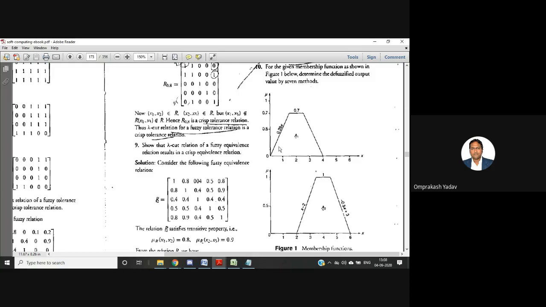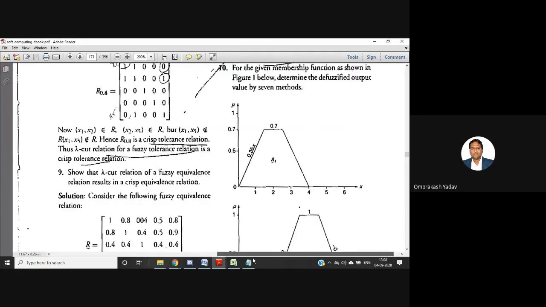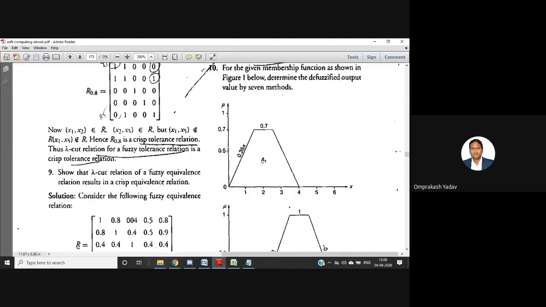Now if you see the diagram, just zoom it. The first one is like this. They have given this graph. This line is 0.35x. They have marked A1 fuzzy set, A1 with a tilde sign.